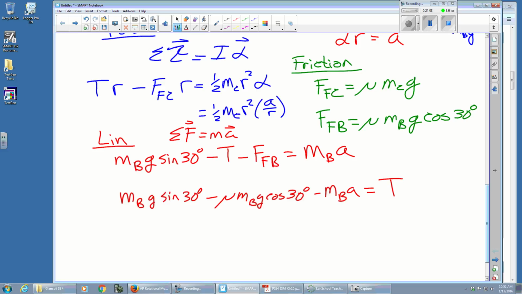And then I can substitute that in for my tension up in my rotational work there. And that'll leave me with the only thing I don't know, which is my A. And I can find my acceleration, and then from that acceleration use v final squared equals v initial squared plus 2AD to find it.